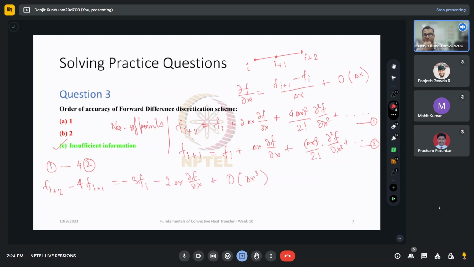So now if I simplify this, I'm trying to solve for ∂f/∂x. I'm taking it this side.